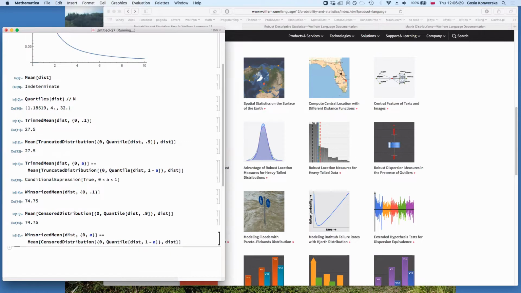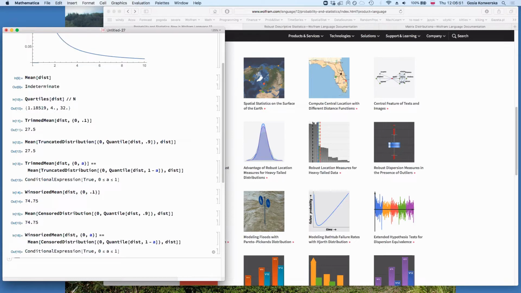And this again shows that for any a on censoring, we can find a corresponding censored distribution. You can see the values are changing: truncated mean, trimmed mean from the truncated distribution 27.5, Winsorized mean 74.